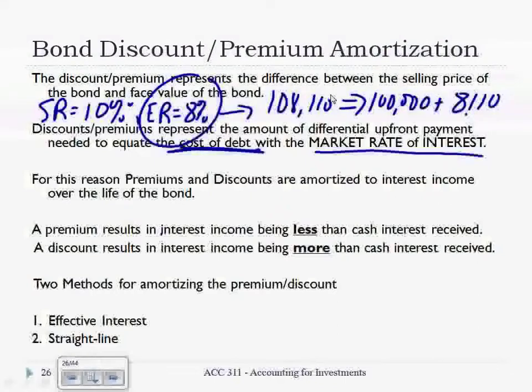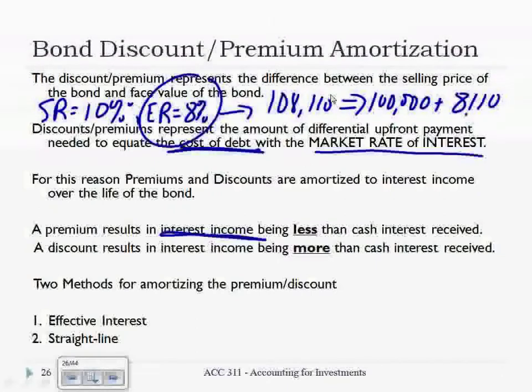Now, the key here is a premium results in interest income being less than the cash interest received. So that's an important piece of information: the interest income is going to be less than the cash interest received. A discount results in interest income being more than the cash interest received.